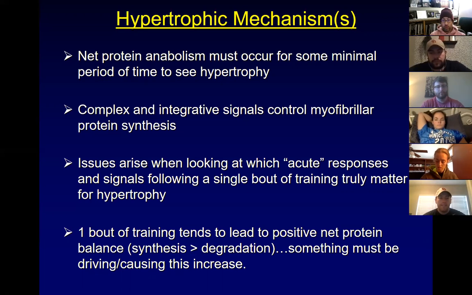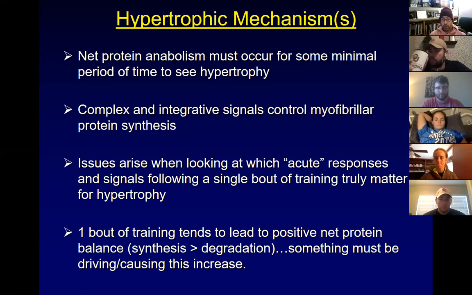So I know that a couple of classes ago we talked about the idea that there are these signaling pathways and we need to activate stuff in the nucleus, and that's going to lead to the formation of certain messenger RNA, which are then going to get translated at the ribosomes into proteins, okay?